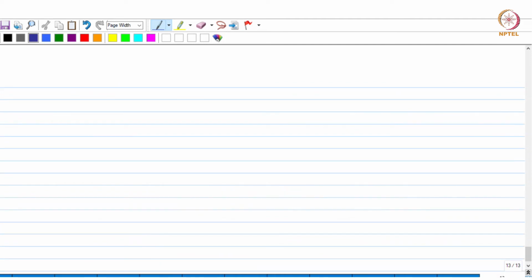Next, we have the 7000 series, the aluminium, zinc, magnesium alloys. Here the precipitation sequence depends on the magnesium to zinc ratio.